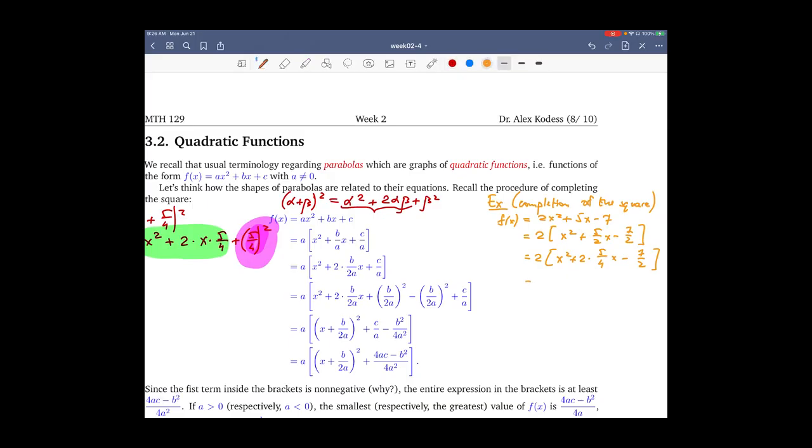So I will get x plus 5 quarters squared, and that again is x squared plus twice 5 over 4 times x plus 5 over 4 squared. And to compensate for this extra 5 over 4 squared, I simply subtract it.